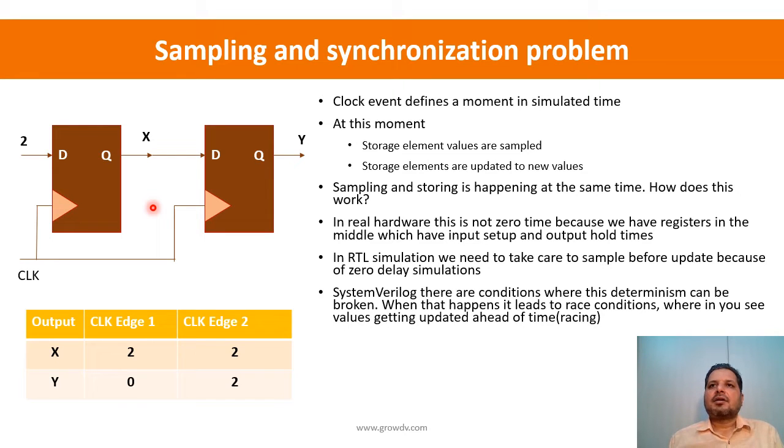Sometimes it could get sampled and sometimes it could get updated, and because of that there exists a non-determinism, and that non-determinism is called a race. Let's look at an example to understand that further.